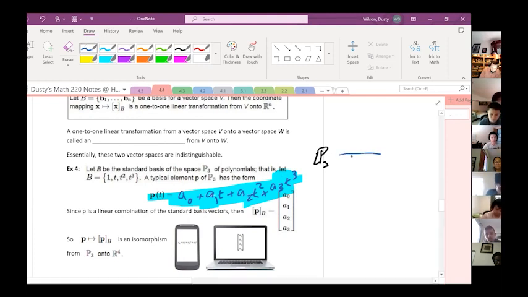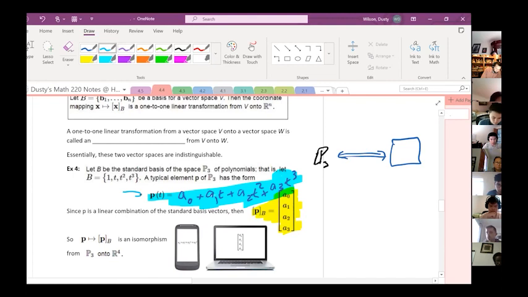We can go back and forth with another space over here, or we could say that this blue A naught plus A1t plus A2t squared plus A3t cubed is in some way analogous to this vector with respect to the B coordinates, A naught, A1, A2, A3.